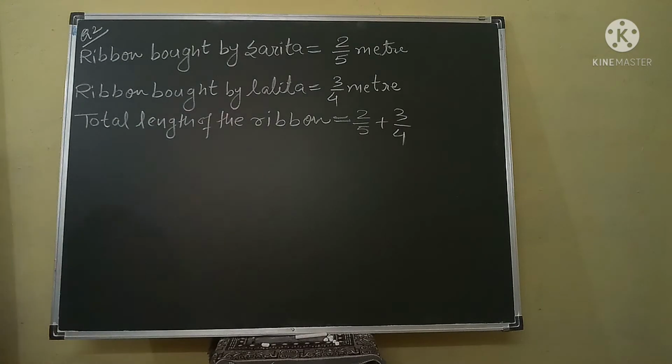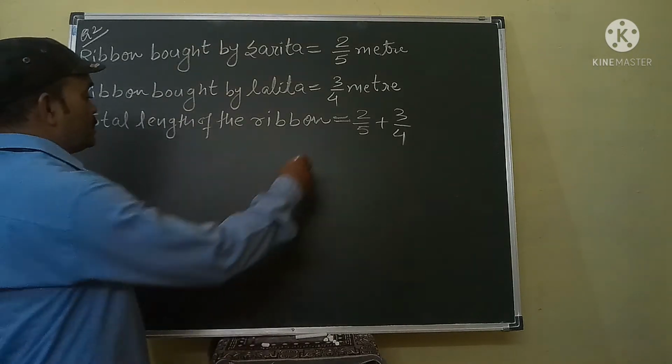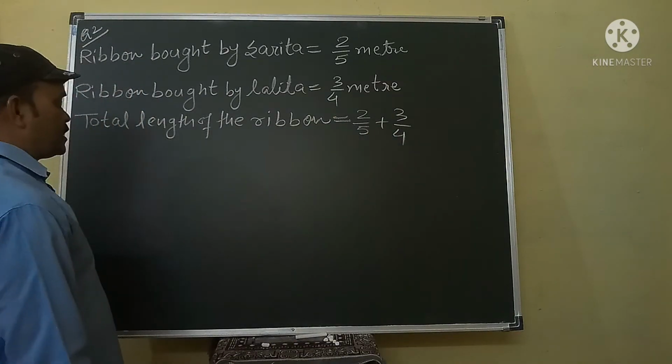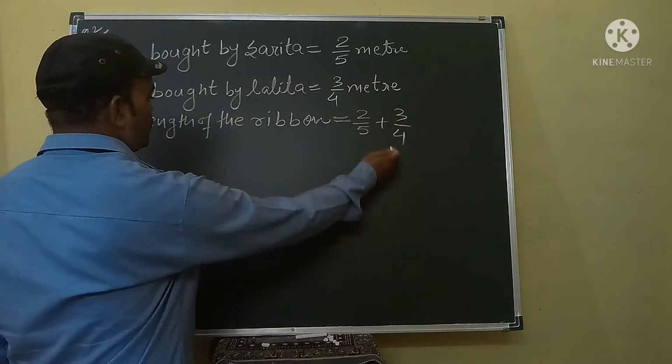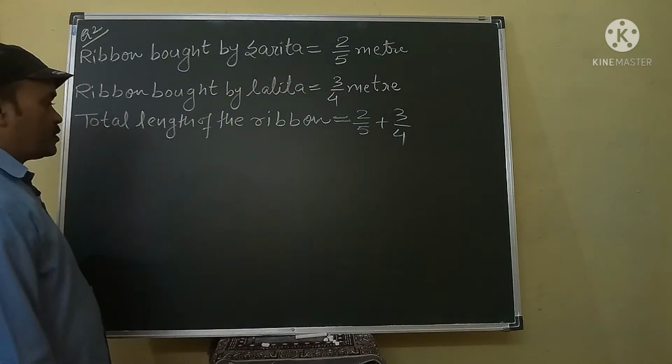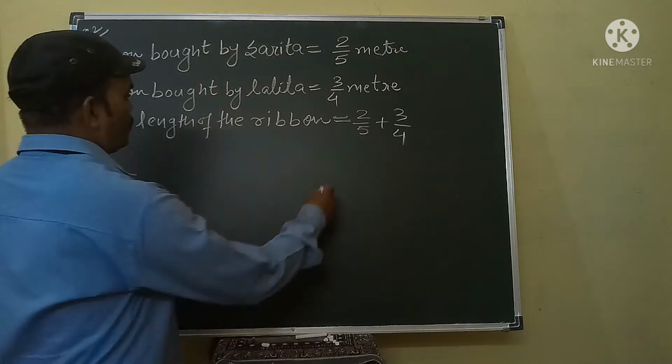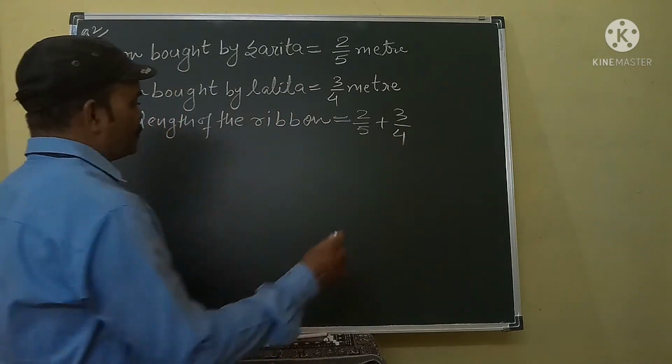As you are looking, these two fractions are unlike fractions, that's why denominators are different. First what we will do? First we will take out LCM of 5 and 4.